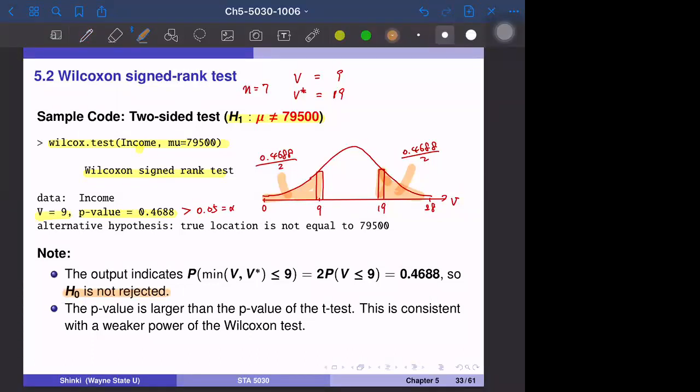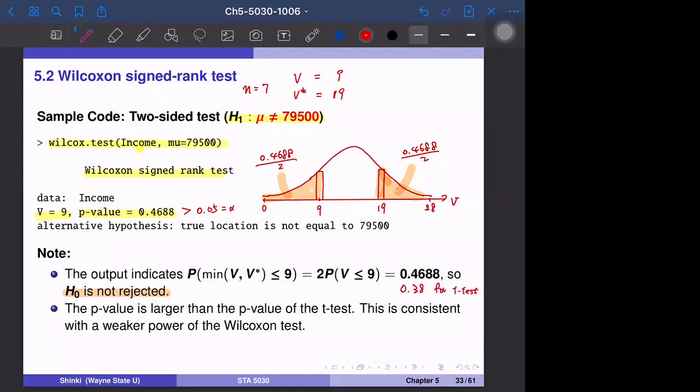Actually the p-value is larger than the t-test we have seen in the earlier section, 5.1. What was the p-value in the t-test? The p-value was actually 0.38 for the t-test.